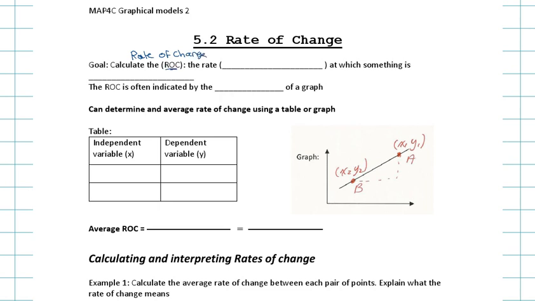So the rate, basically how quickly at which something is changing. This is basically what we're looking at. Remember in the last lesson we were talking about it changing fast, changing slow, increasing fast, increasing slow. This is actually how to calculate that.